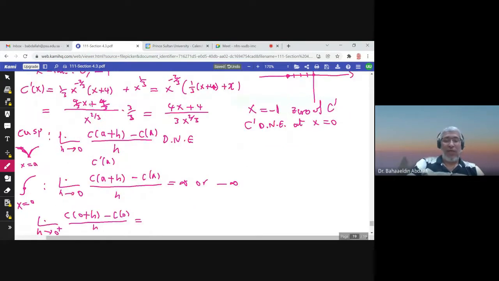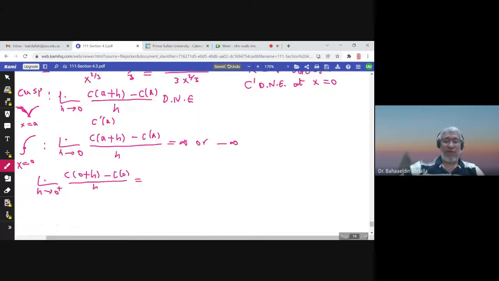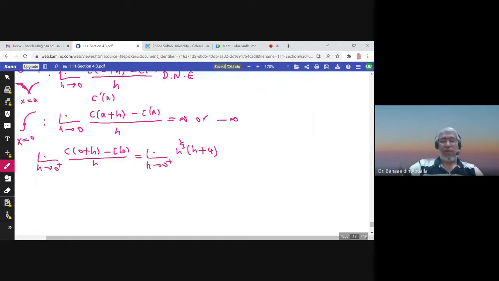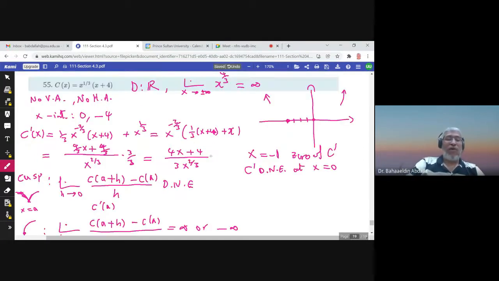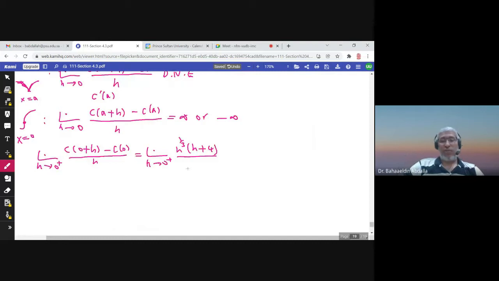So what is c of h? 0 plus h is h. c of h is h to the power 1 over 3 times h plus 4. This is c of h, isn't it? All right. Over h minus c of 0, and c of 0 is 0. Well, this is the limit when h approaches 0 of h plus 4 over h to the power 1 minus 1 over 3. That's 2 over 3.